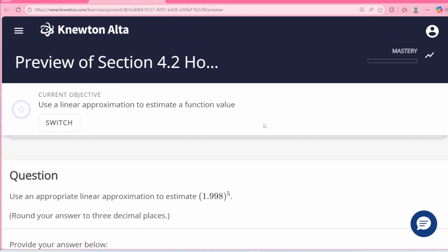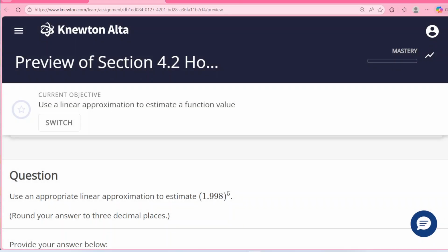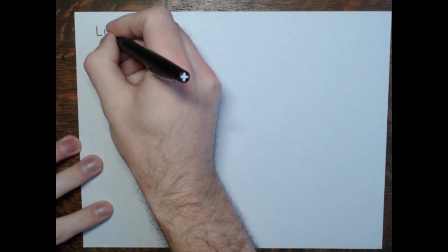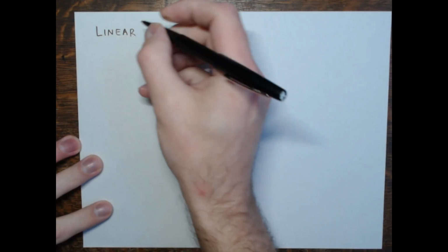All right, so before I get into this question, I want to do a little discussion about the first heading, linear approximations of a function at a point. So I'll just call this linear approximations.